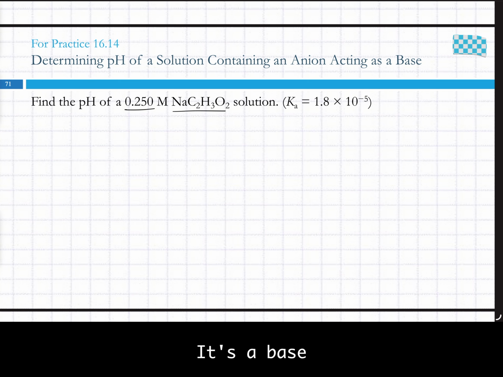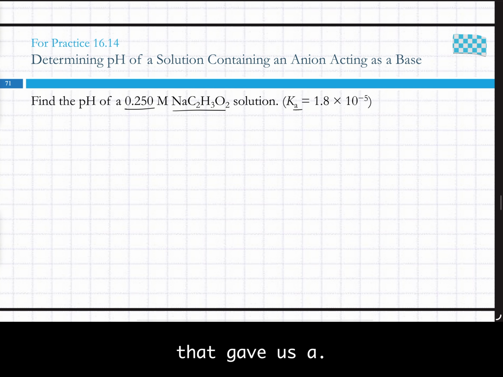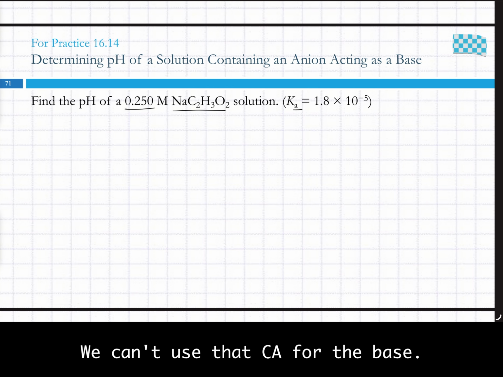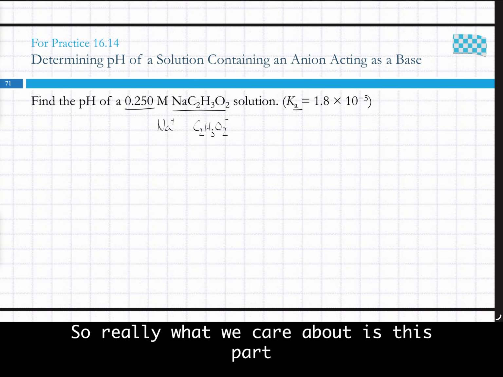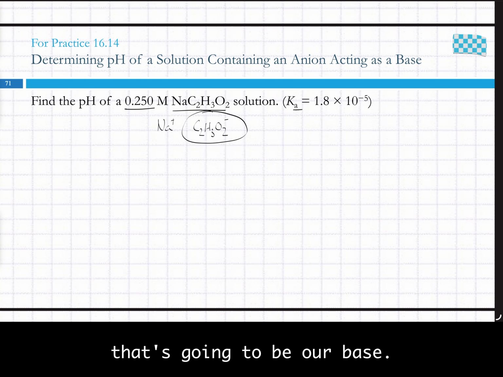It's a base. They gave us Ka. We can't use that Ka for the base. So this is Na plus and C2H3O2 minus. So really what we care about is this part. That's going to be our base.